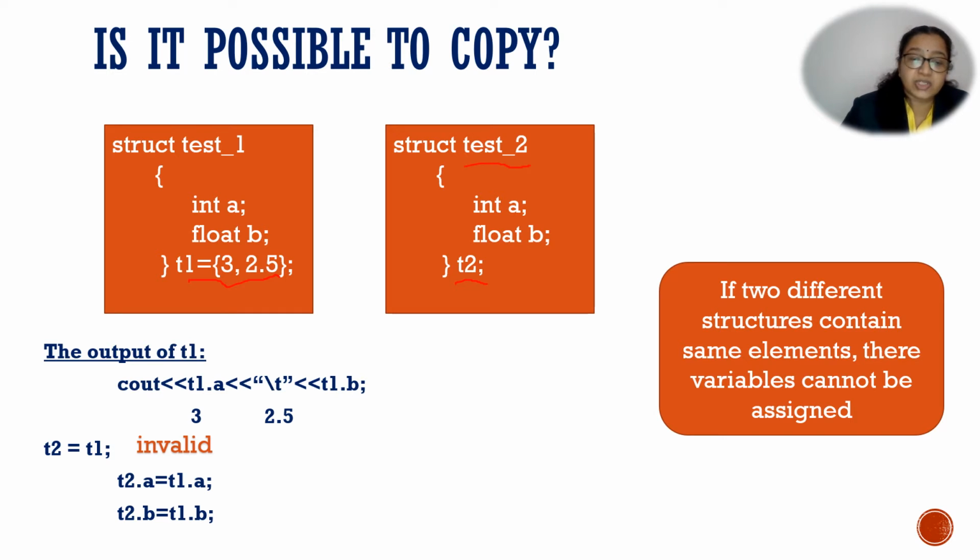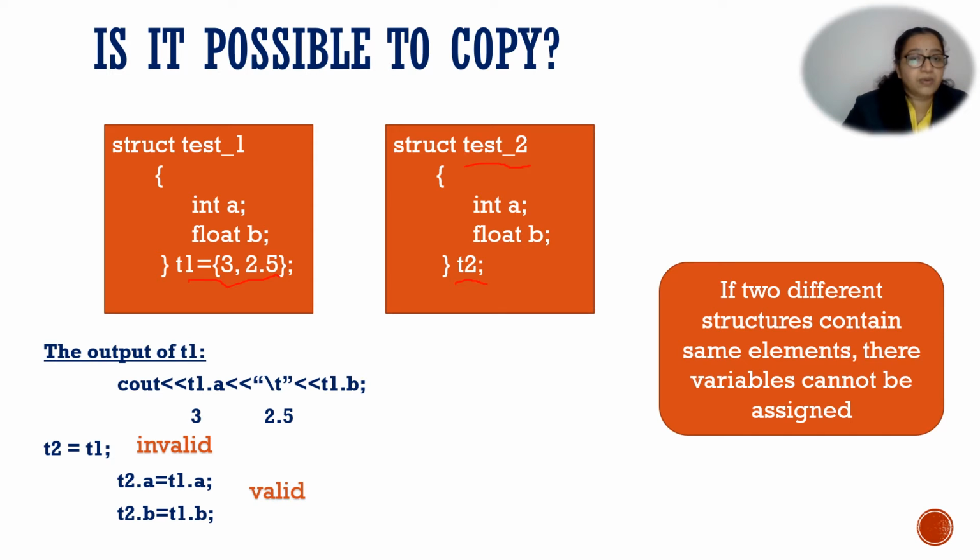Same like T2.B is equal to T1.B: T1 is an existing structure variable, and the value of its element B will be copied to T2.B. Okay, this statement is valid.